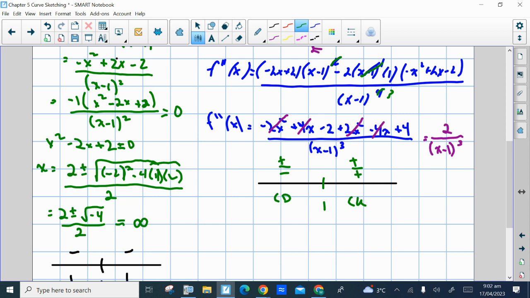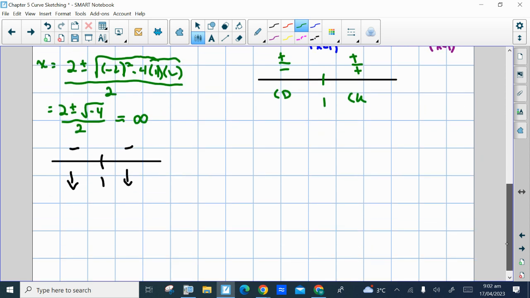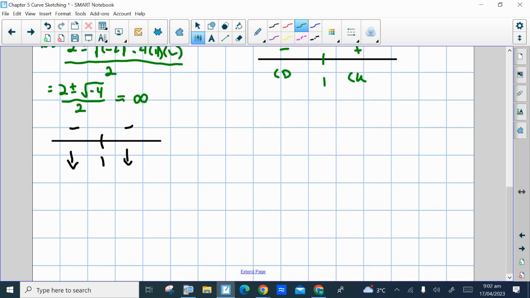And finally, we will have a slant asymptote. Our slant asymptote exists because the degree of the top is 1 more than the bottom. So we'll find the equation of our slant asymptote by dividing. So we'll divide x minus 1 into negative x squared plus x plus 1.